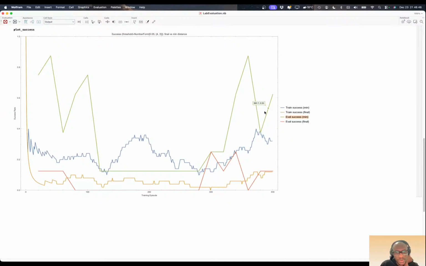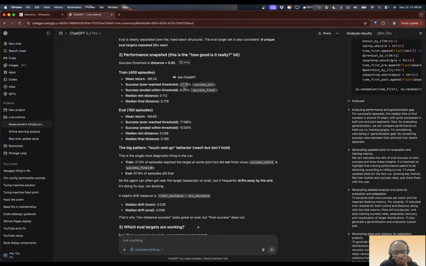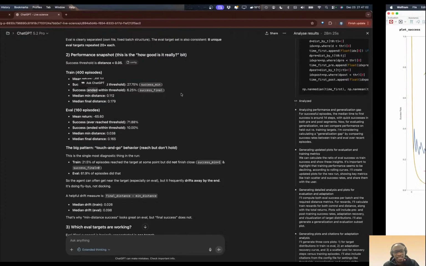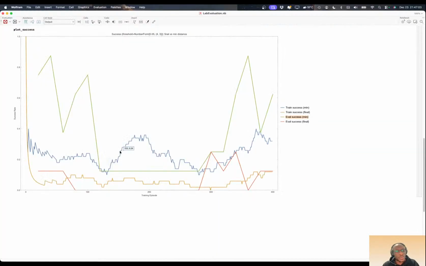So only, I don't know, 1, 2, 3, 4, a bit of them, 27 or 28%, ended within threshold. So not so many ended within threshold.